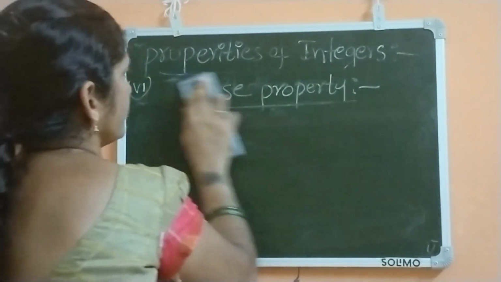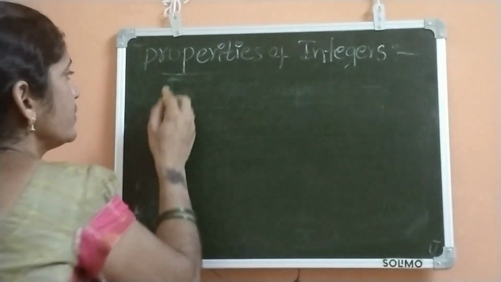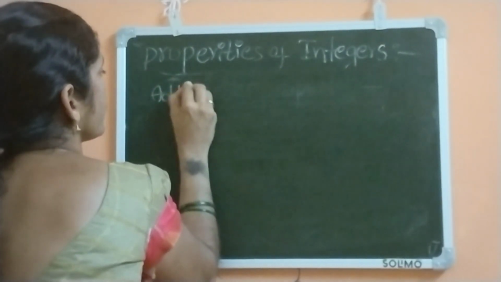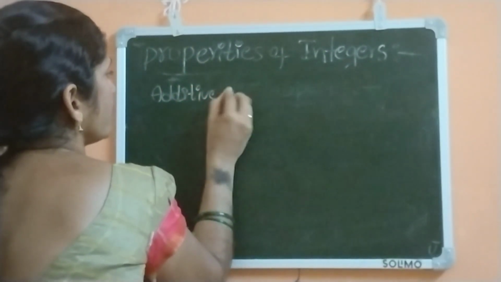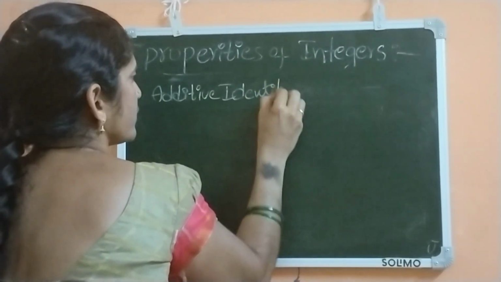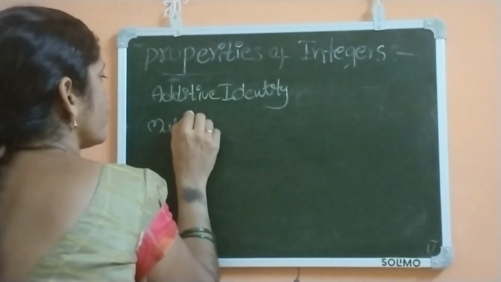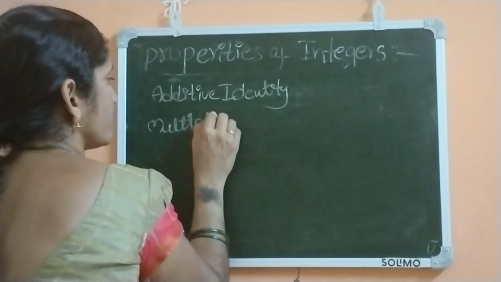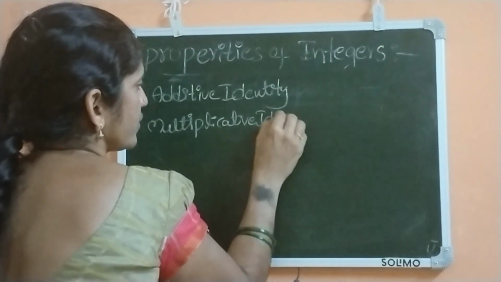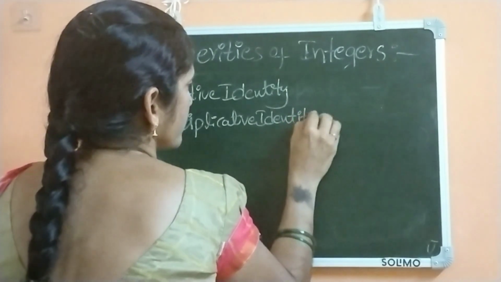Okay, so by this we completed the inverse property and identity property. So now we are going to generalize, or compare, the additive inverse, multiplicative inverse, and identities, additive identity, multiplicative identity. We are going to make a table. So is it possible or not, we are going to write.